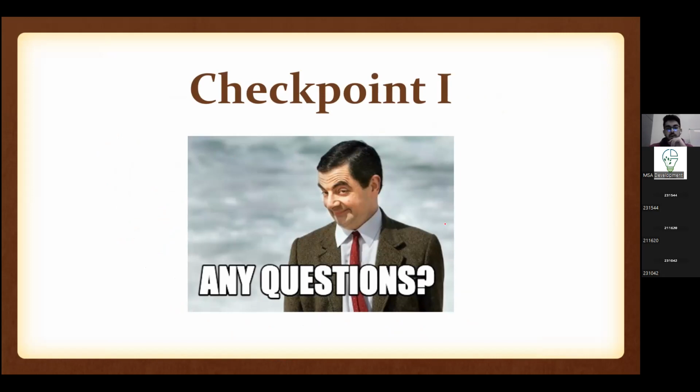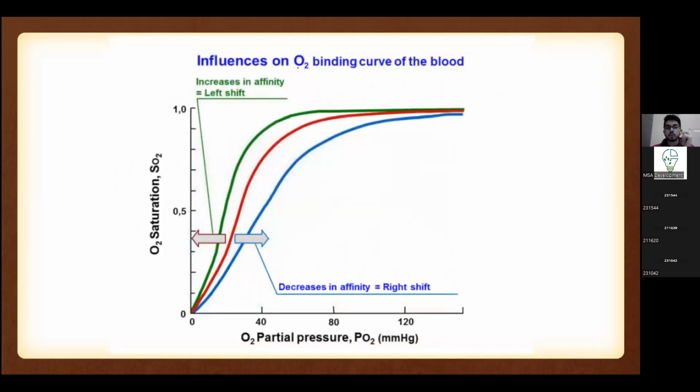Right. Now we are going to discuss the shifts in the O2 dissociation curve, and what factors can cause these shifts, either to the left or to the right. First of all, this is the normal graph that we just discussed, the red one. We can see that P50 is at about 27, like we just mentioned.